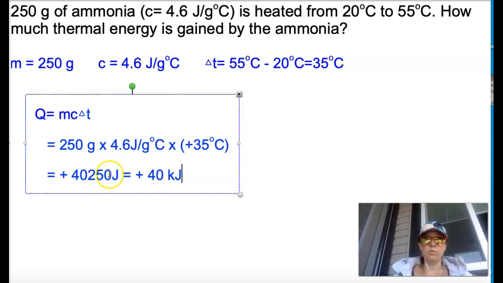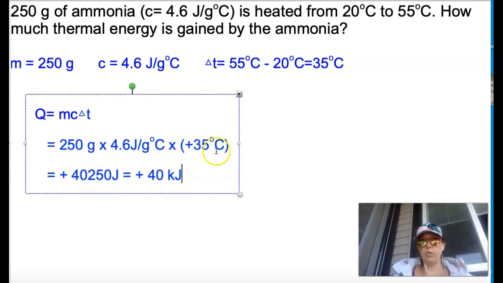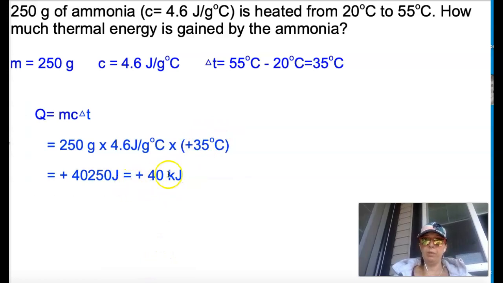I could divide by 1,000, which then is going to make it 40.25, and because I can only have 2 sig digs, I come up with plus 40. So either you could write plus 40 kilojoules, or you could write plus 4.0 times 10 to the 4 joules, okay? Either way works.